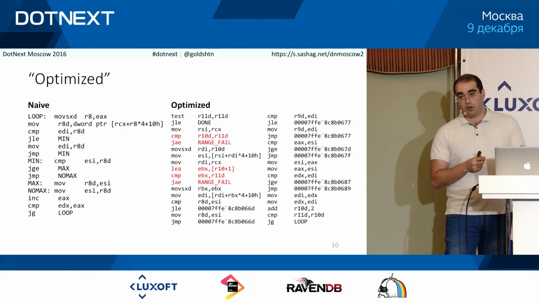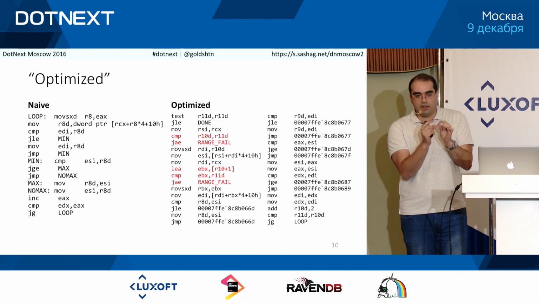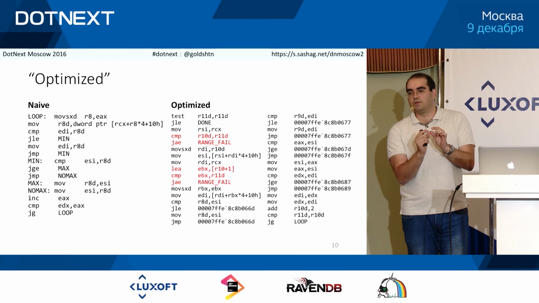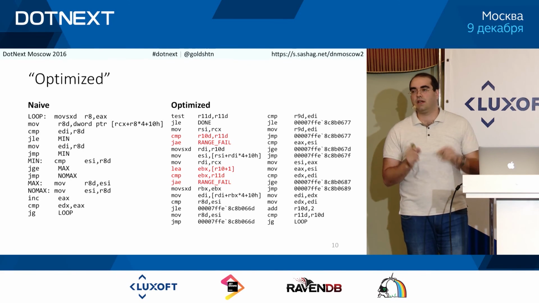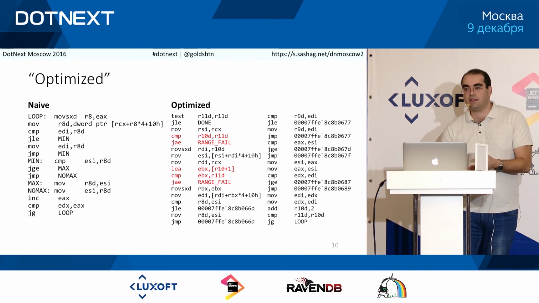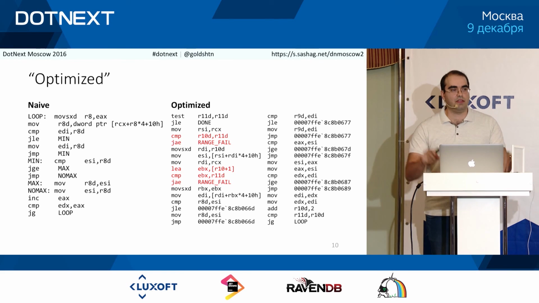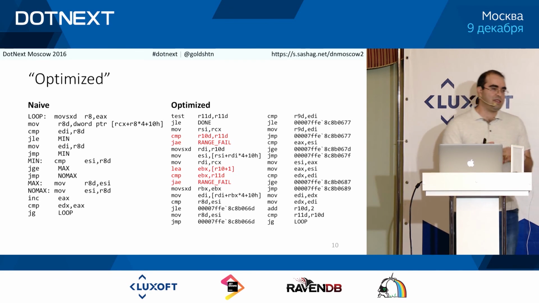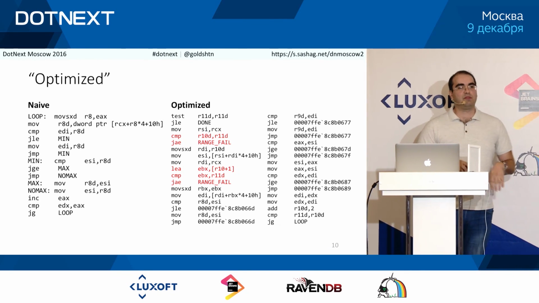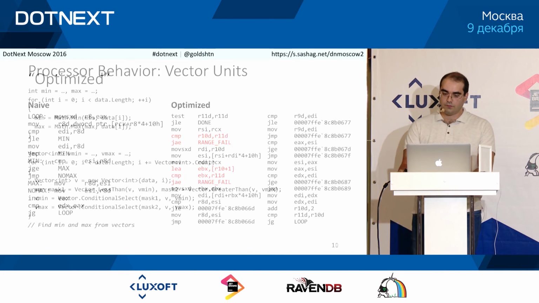So the code generated here actually checks on every access if I'm still within the array bounds, if I'm not overstepping the size of the array. And these checks are also quite expensive and have branches inside that have to be predicted. So it's just more work, unfortunately, in the optimized case. So in this case, my idea of optimization didn't quite work, and this is also an important lesson to learn.